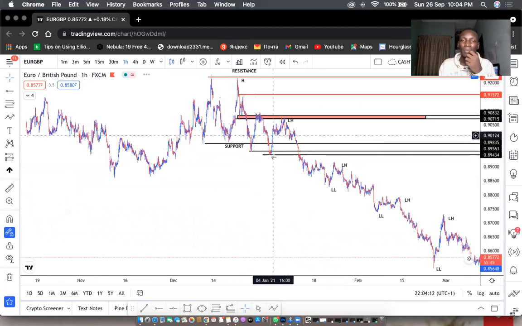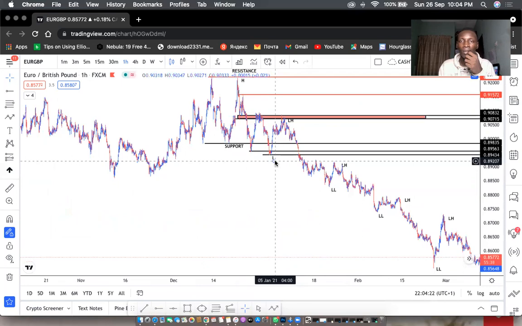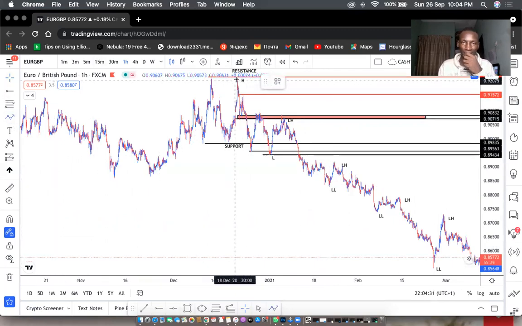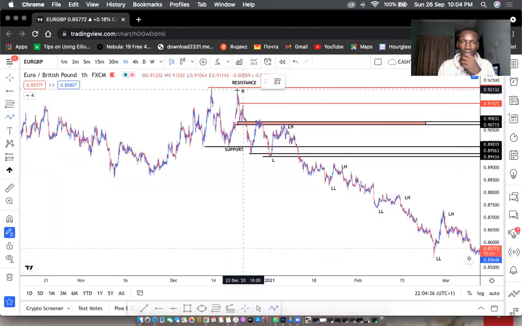Now, when price made this low, this is the lowest low. That's why I put my low here. This is my low. It came to this lower high. This is the lowest high before it dropped. So this will now be my move if I'm marking. I would say price moves from this resistance to this low. Then it came back to correct a support here.